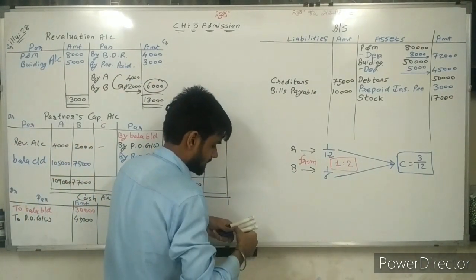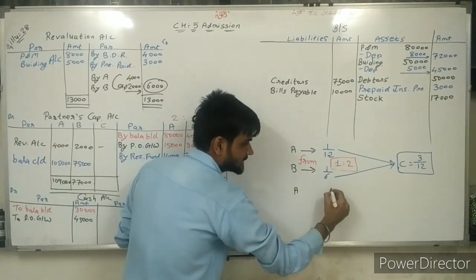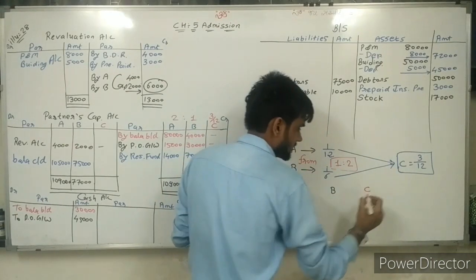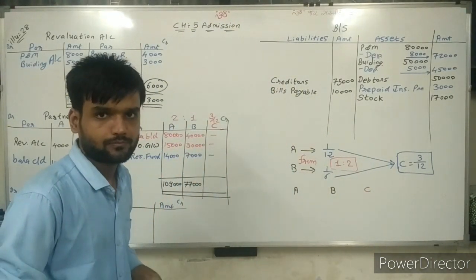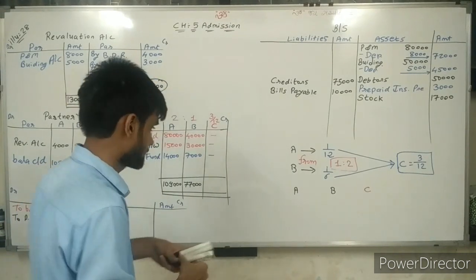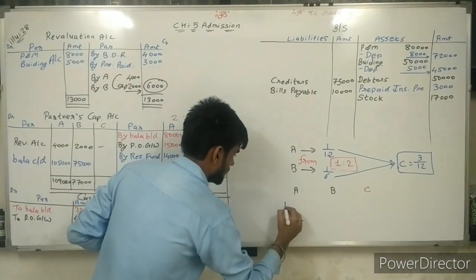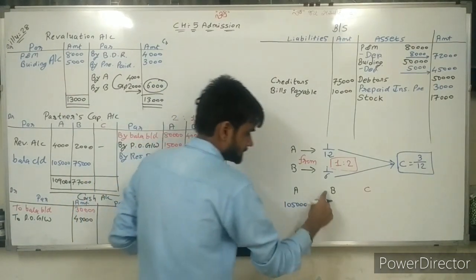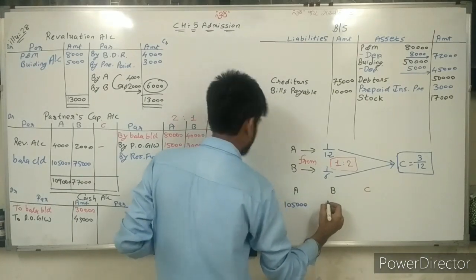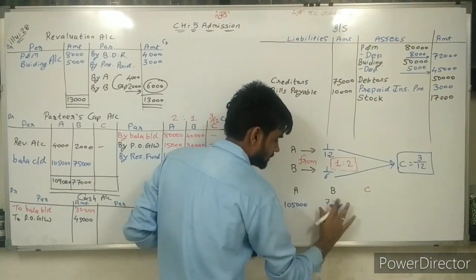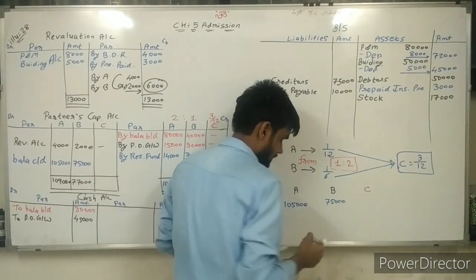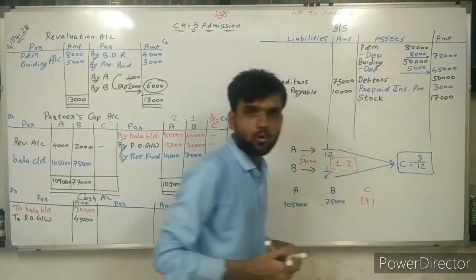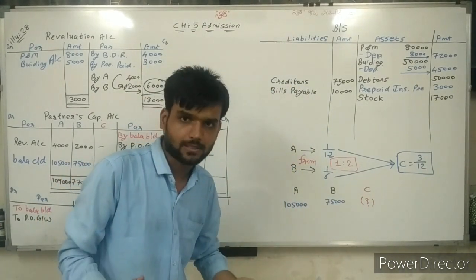I am writing here partner A's closing balance, partner B's closing balance, and I don't know partner C's amount. 105,000 rupees is the closing balance of A. 75,000 rupees is the closing balance of B. Don't know the amount of C.